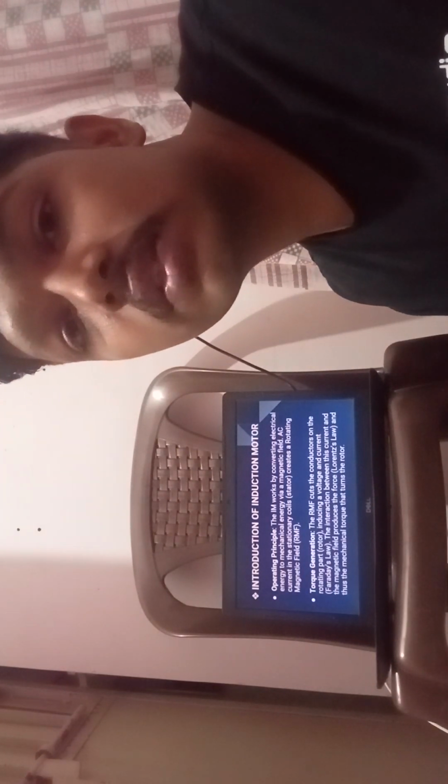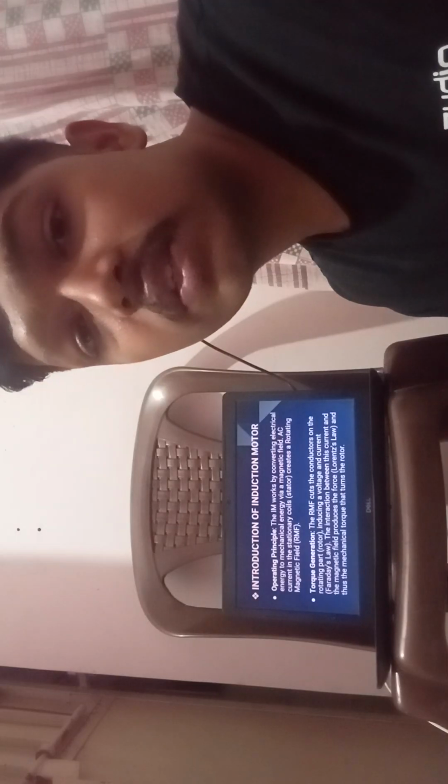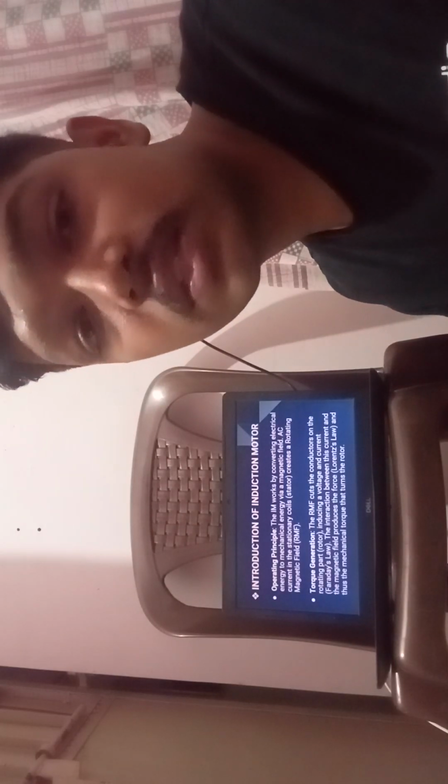There are two main components of an induction motor. First is the stator, and the second is the rotor. Stator is the stationary part of the induction motor, and the three-phase supply is fed to the stator, and the rotor is the rotating part of the motor, and it generates mechanical energy.